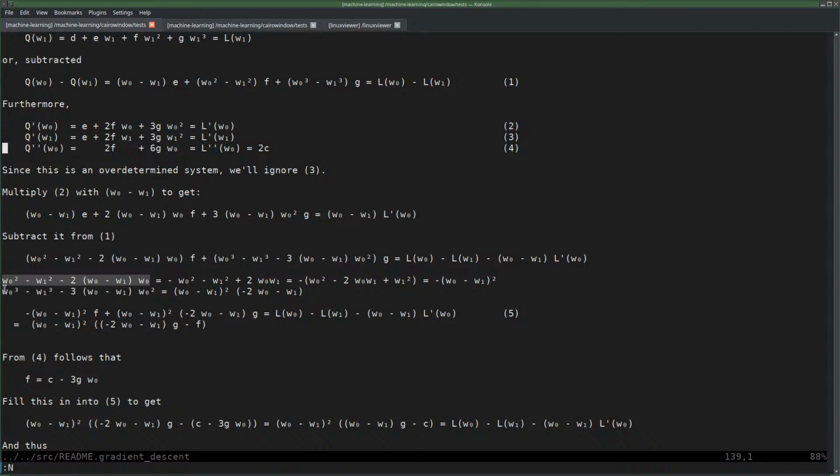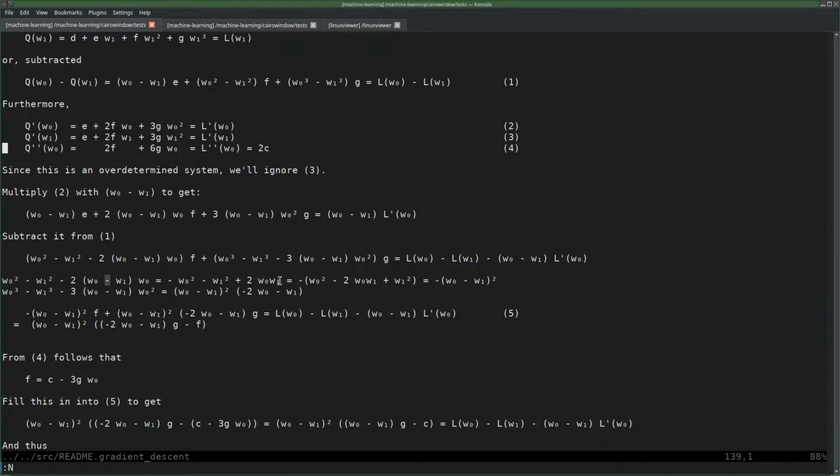Okay, I have to work that out. This is minus 2 times W0 times W0. That is minus 2 W0 squared. Subtracted from this plus 1 W0 squared leaves a minus W0 squared. And then the minus W1 squared. And then this minus and that minus becomes a plus, so we still have left 2 times W1 times W0, or 2 times W0 times W1.